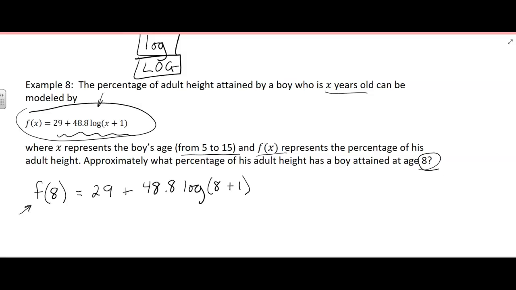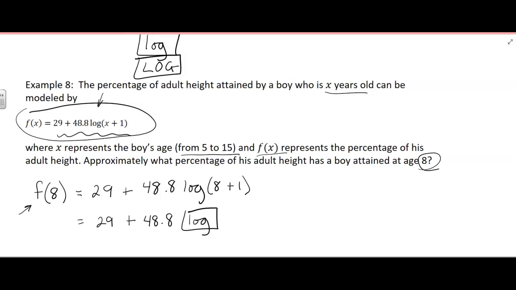Now, I can just put this all in a calculator, or if I really want to be fancy, I can say 8 plus 1 is 9, but that's okay. We'll just show you how to do it this way. So you're going to put in your calculator 29 plus, and then 48.8, and then you can hit the log button.